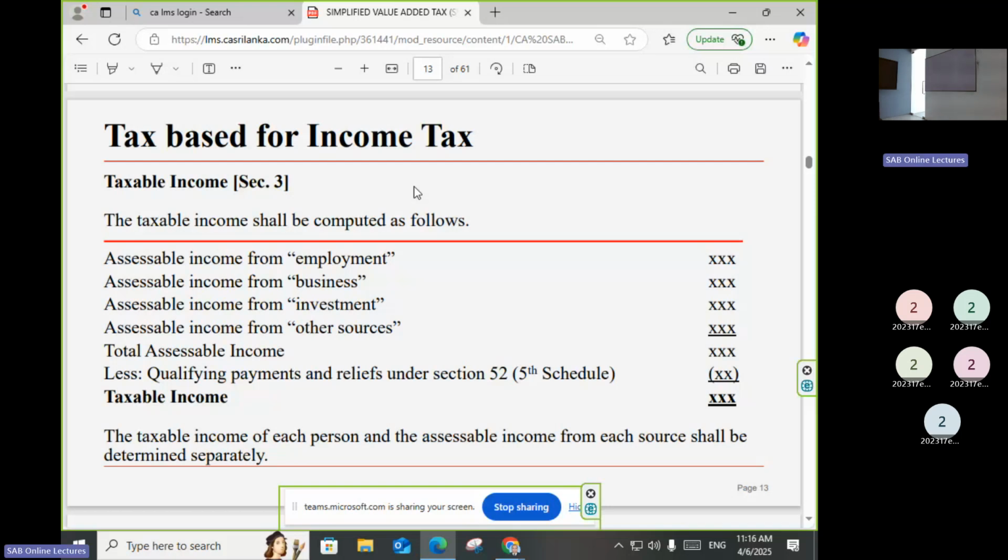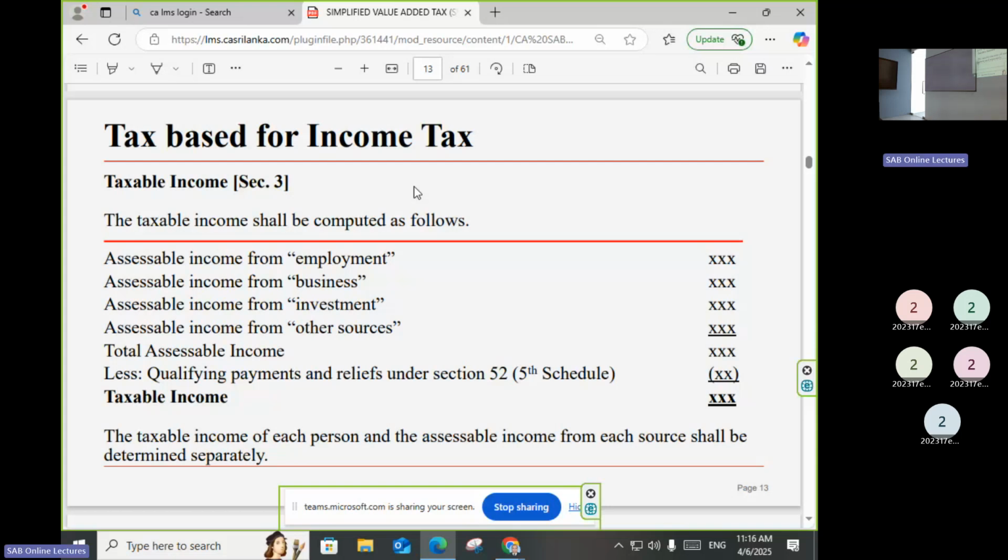So each source needs to be worked out separately, and each person's taxable income should be worked out separately. That means it is not recognizing a joint person. So even for tax purposes, husband and wife are two persons, two individuals. Therefore, their taxable income should be worked out separately.